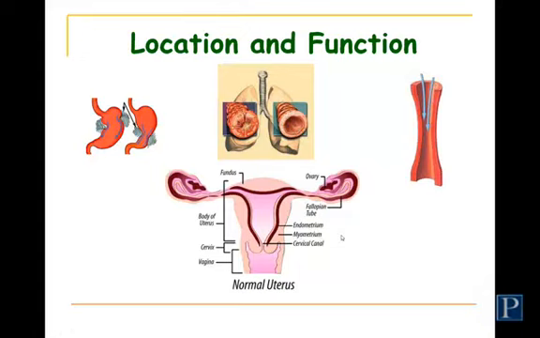Think about its function in, say, the stomach, the small intestine, the esophagus. It's involved in peristalsis, which is the rhythmical movement of, in this case, food along the GI tract. In the stomach, it's involved in mixing movements. It's also involved in mixing movements along the GI tract too.